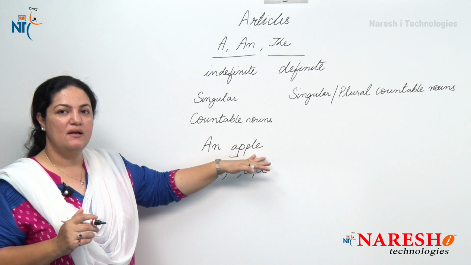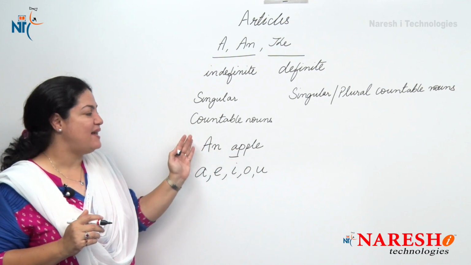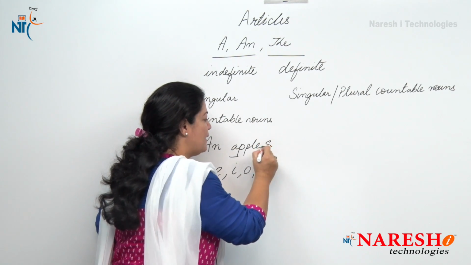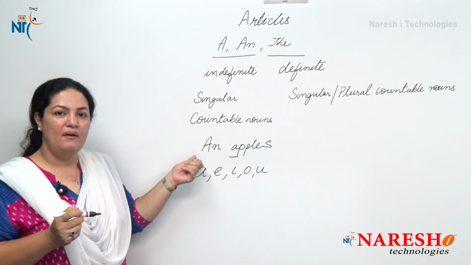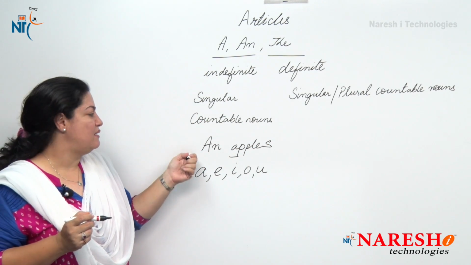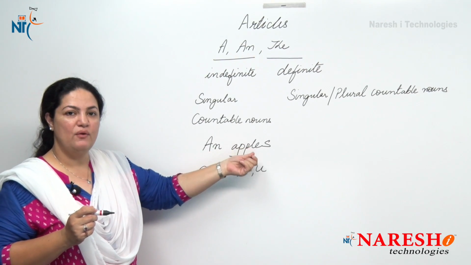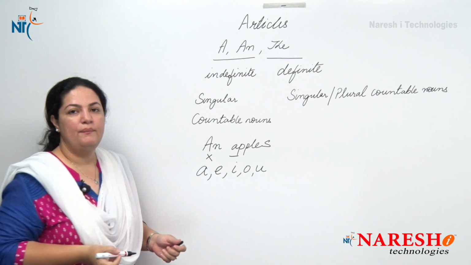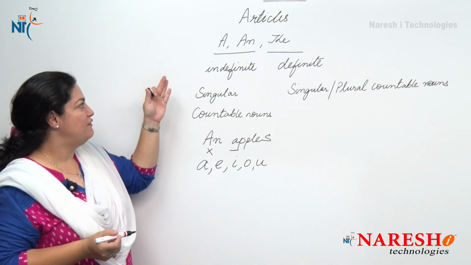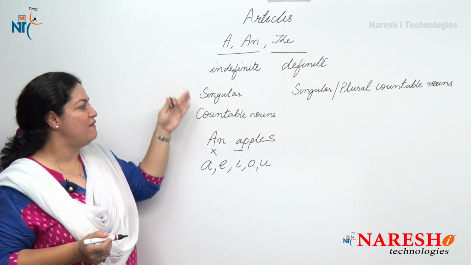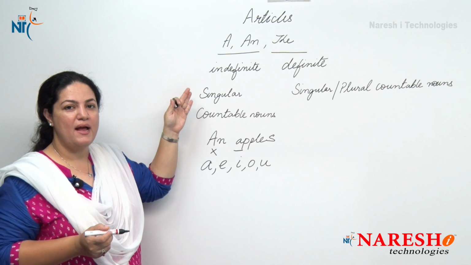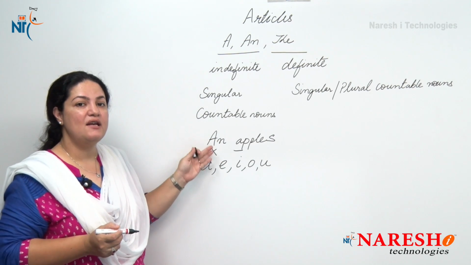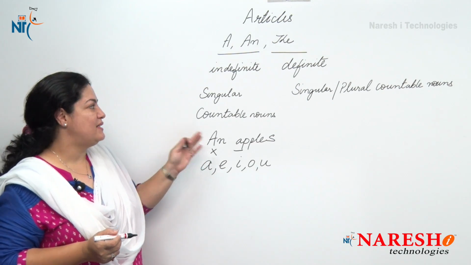Now apple is singular and it is countable. But if I make that apple plural, if I say apples, now can I say an apple? No, that's not possible, because here apples is plural and we will not use an for plural nouns. So the first rule that we define here is for indefinite articles to use a or an, we need the nouns in countable number and singular in nature. Let's move on to the next one.